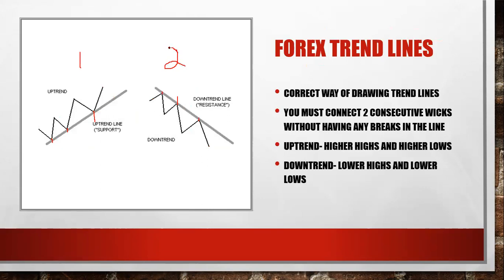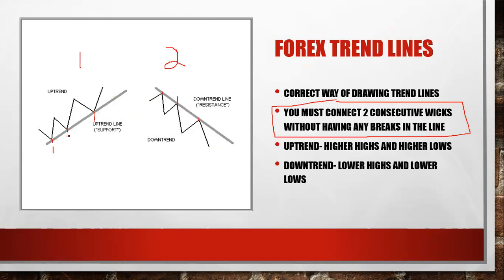For the few of you who are on here, which I appreciate, based upon this right here, which one is the right trend line? 1 or 2? Yes, number 1 is the right trend line because you have 2 wicks touched.